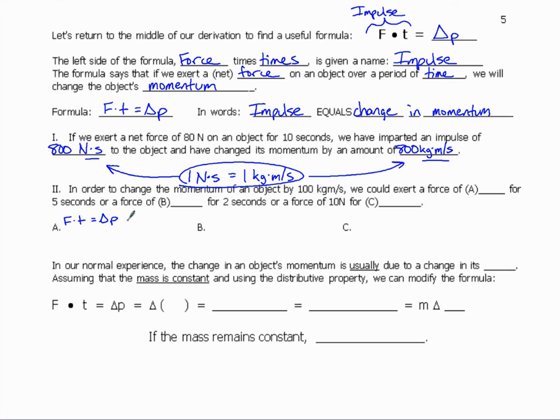Impulse equals change in momentum. If we want to change the momentum by 100 kilogram meters per second, what is the force that we need? A force exerted over 5 seconds changes the momentum by 100. We need a force of 20 newtons.